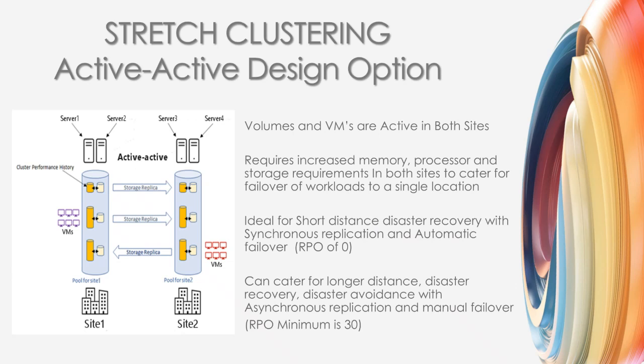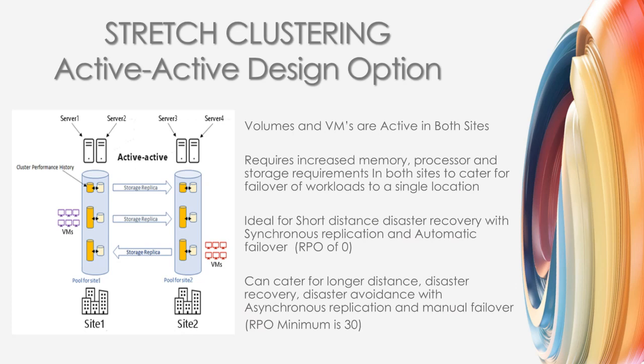Some further additional guidance on stretch clustering. All cluster nodes in a stretch cluster need to be symmetrical. They need to be the same in terms of storage, processor, memory, and networking. The cluster node count across a stretch cluster also needs to be even. For example, a 2+2, a 3+3, a 4+4, and a 5+5, all the way up to an 8+8, but never a 2+3 or a 4+5 or a 1+2.